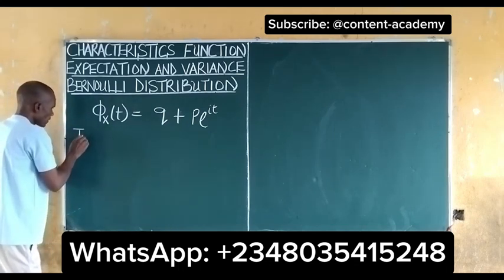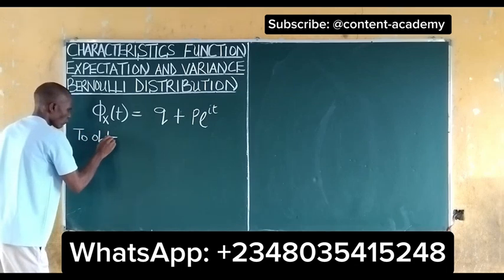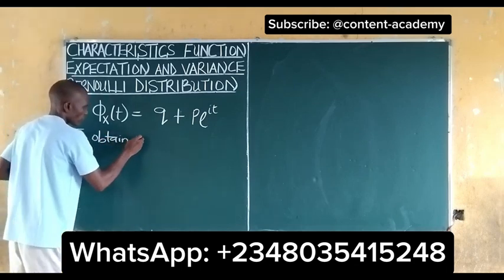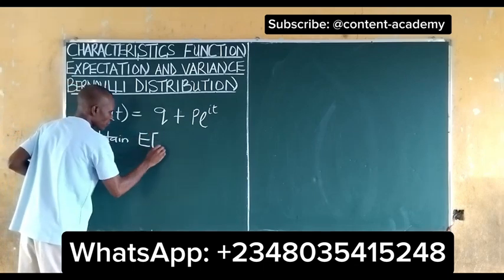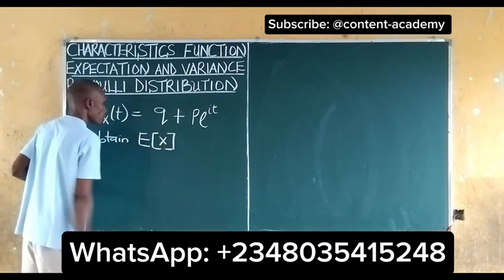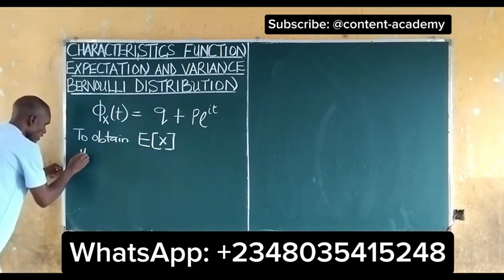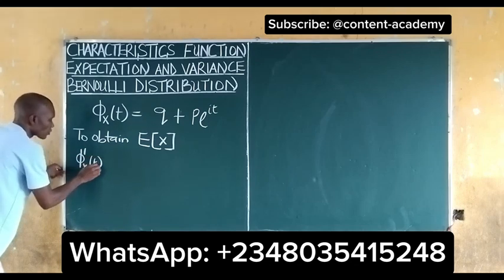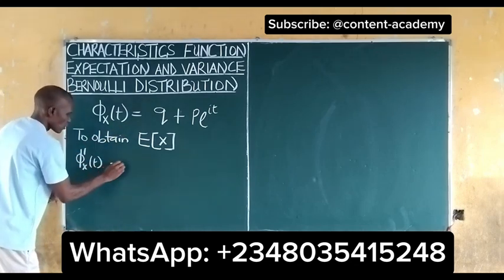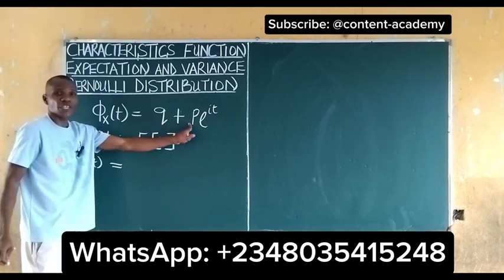So to obtain the expectation of x, we take the first derivative of the characteristic function at t, so we have to differentiate this.